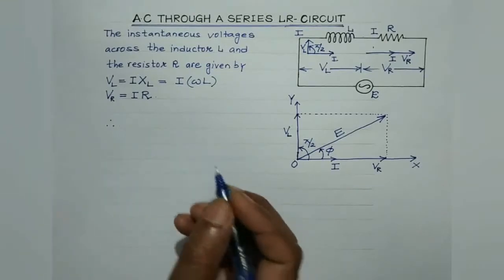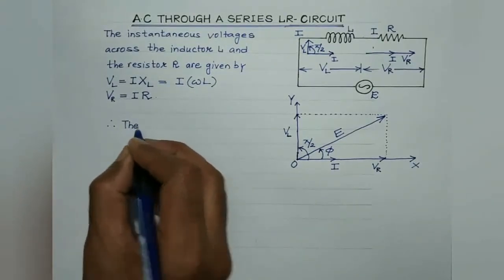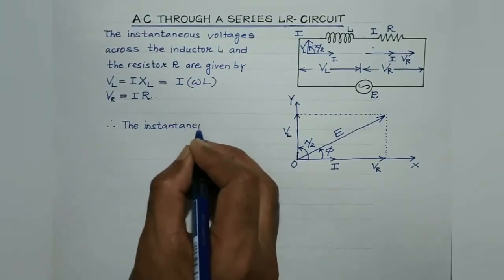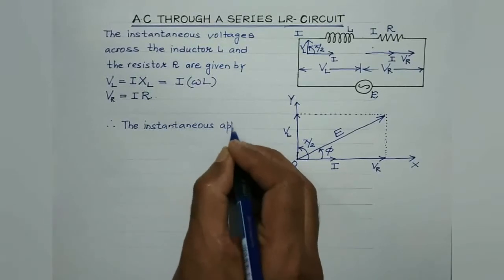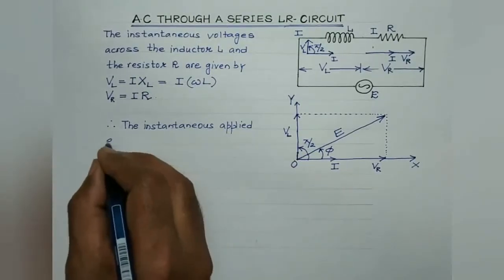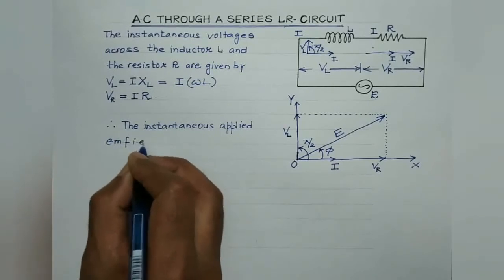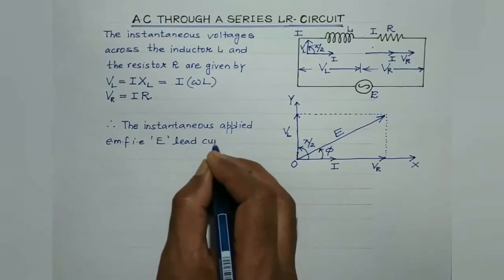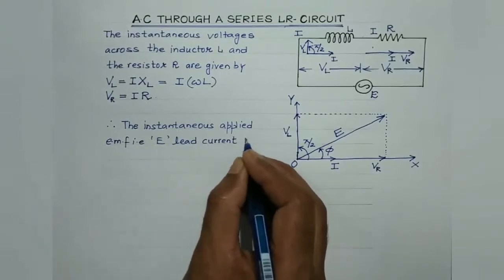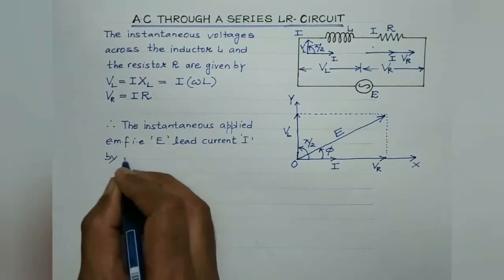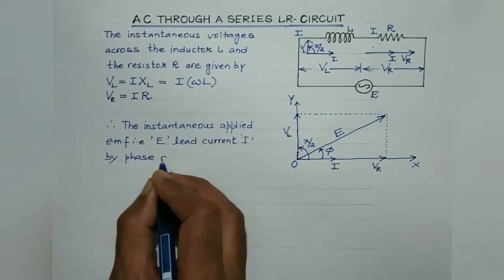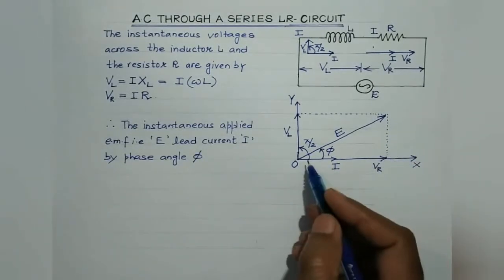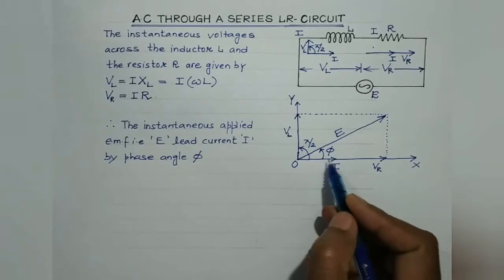Therefore, from the phasor diagram, it's pretty clear that the instantaneous applied EMF, that is E, leads the instantaneous current I by phase angle phi. It's pretty clear, right? The EMF E leads the current I by phase angle phi.